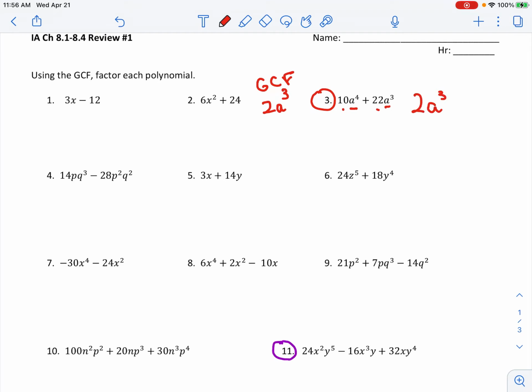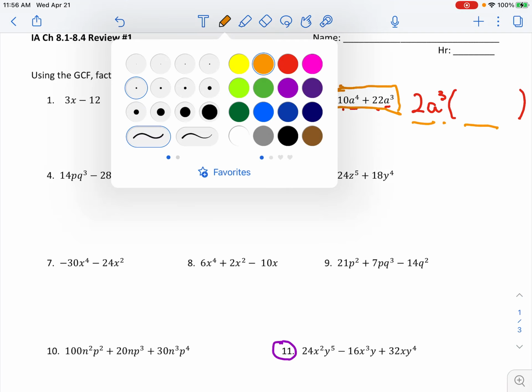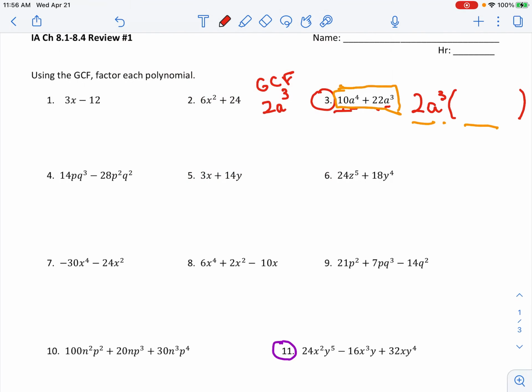So that means my answer is going to be 2a to the 3rd, that's my greatest common factor, times what's left when I divide by that GCF. And that's what factoring means. It says find the two things that get multiplied together that will equal this product right here. So what we do then is we divide each term by the greatest common factor.